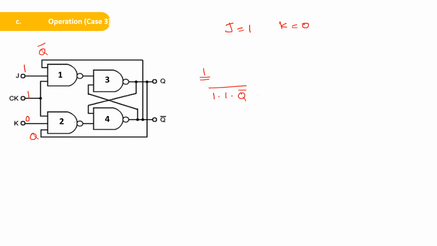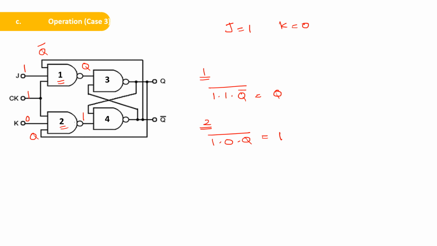So if you apply that to a NAND gate, you will get Q as the output. Now if you take the NAND gate 2, the inputs are 1, 0 and Q. If you take its complement, it will always be 1. So the NAND gate 1 output is Q, NAND gate 2 output is 1.